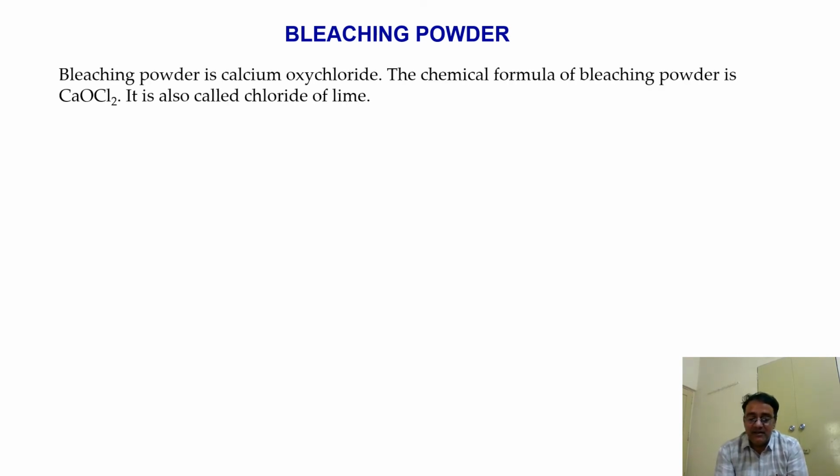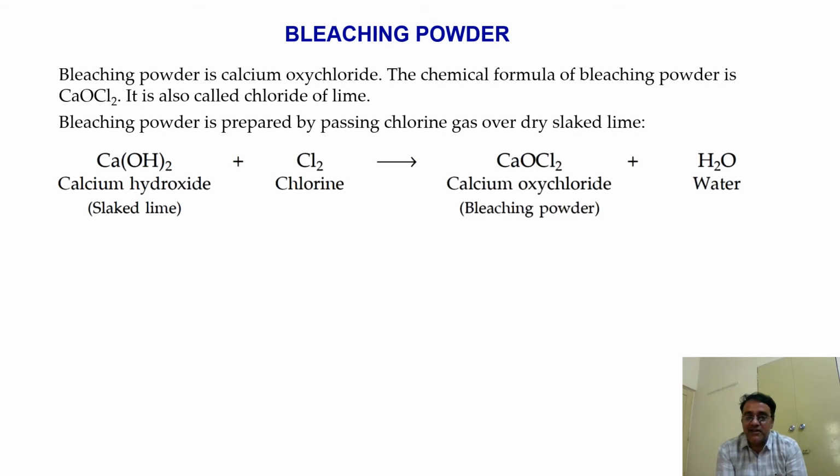Now bleaching powder is prepared by passing chlorine gas over dry slaked lime. Okay, so this is the reaction through which we produce the bleaching powder. We will use calcium hydroxide and chlorine, and we will get calcium oxychloride, that is bleaching powder, and water, right?